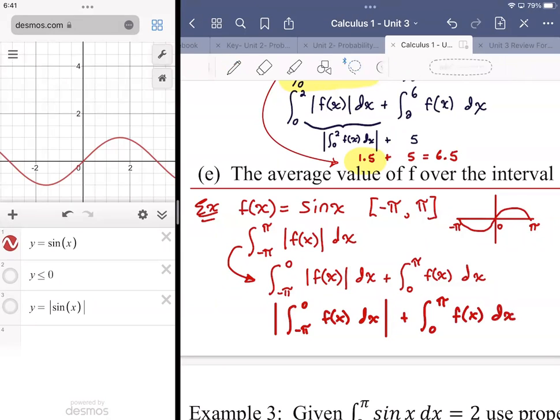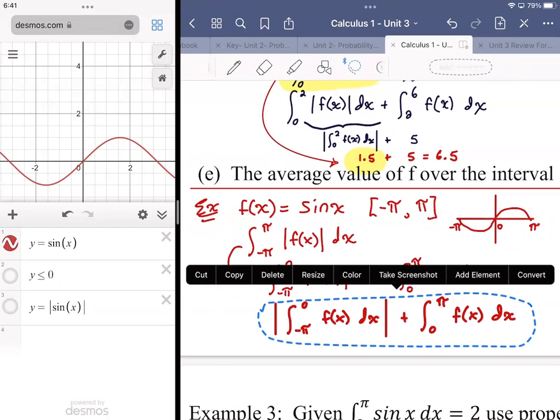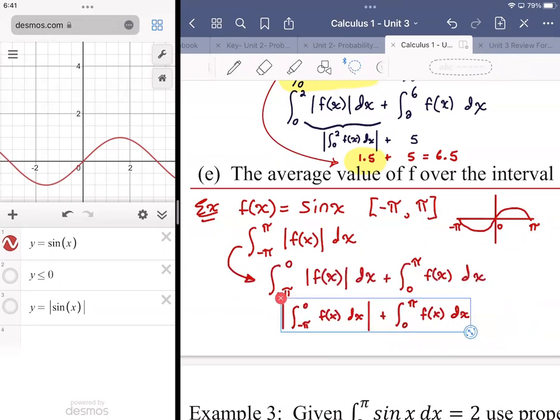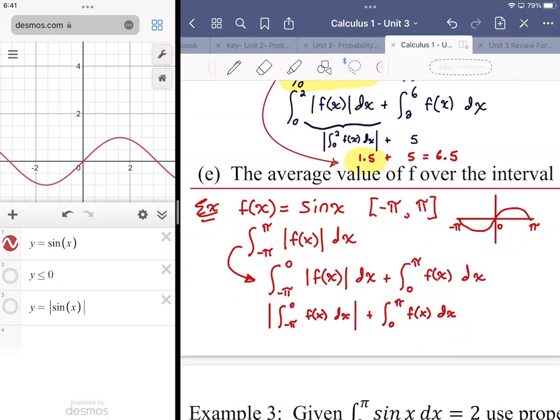So then I would need to anti-differentiate my function. The antiderivative of the sine function is negative cosine. So negative cosine over the interval of negative pi to 0, but with an absolute value there, plus negative cosine over the interval of 0 to pi.